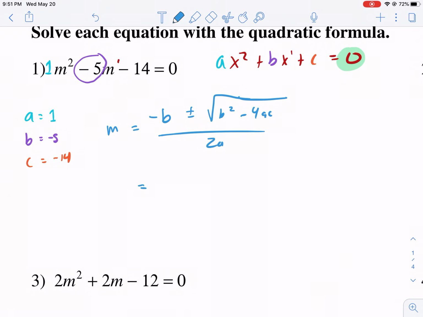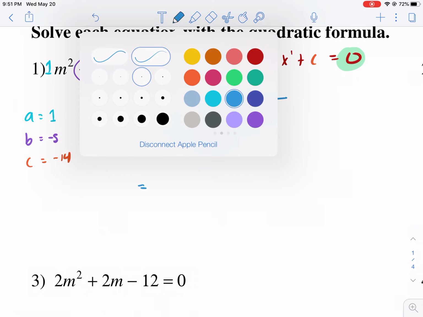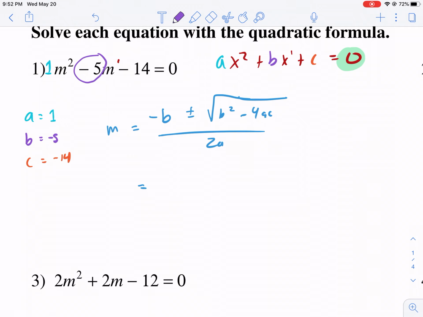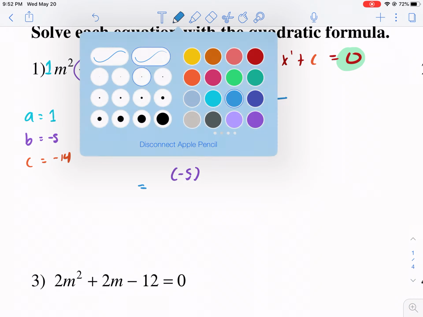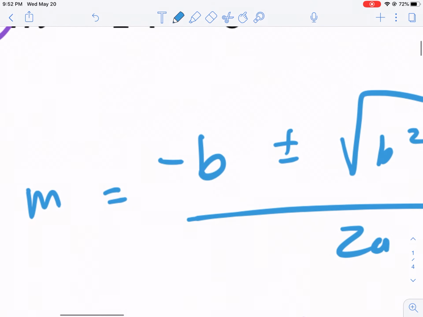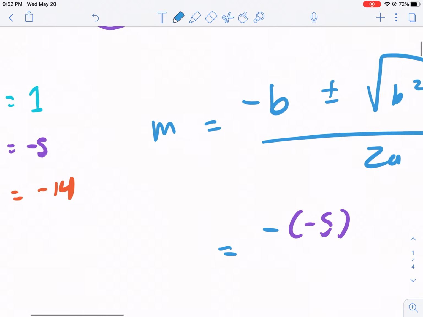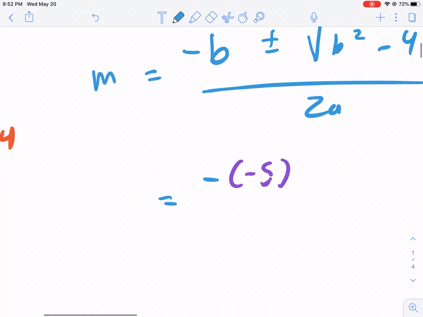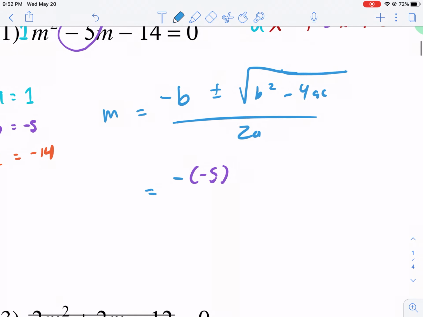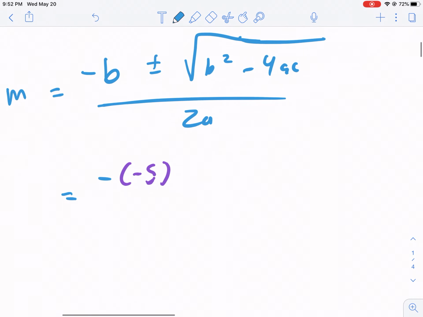Our b is negative 5, and we put it in parentheses because we need to apply the negative sign out in front of it. It's asking for negative b, so the opposite of negative 5.